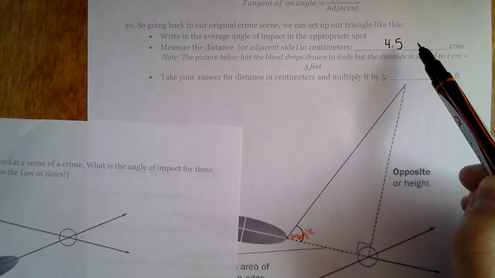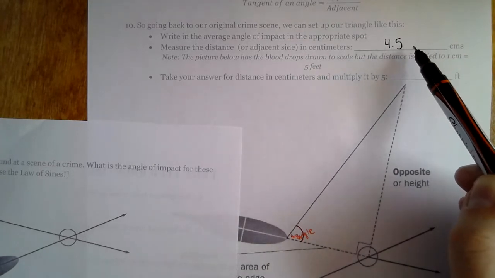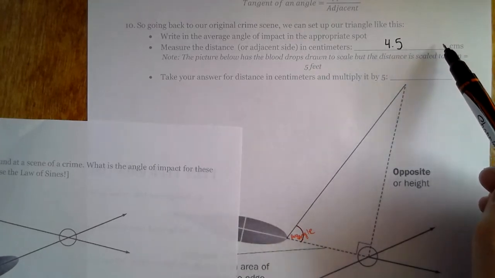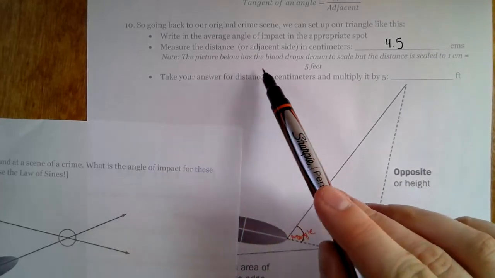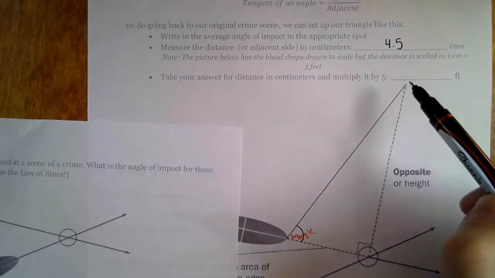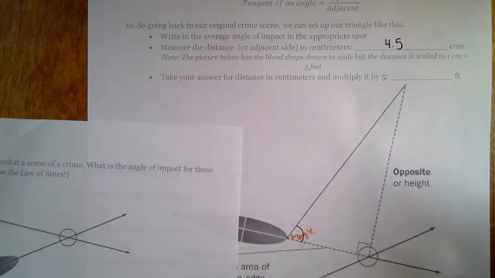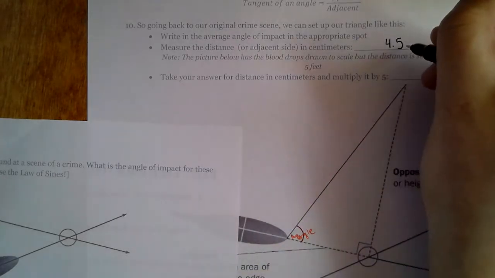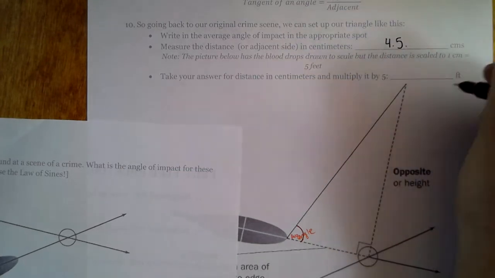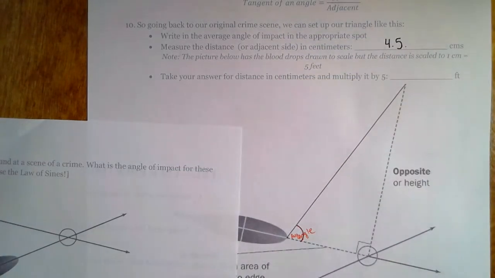For the ease of us doing it online, I measured it for you. It is 4.8 centimeters. Note, this picture below has a blood drop drawn to scale, but the distance is scaled to 1 centimeter equals 5 feet. So to get this answer, you multiply 4.5 by 5, and you would get your answer in feet.